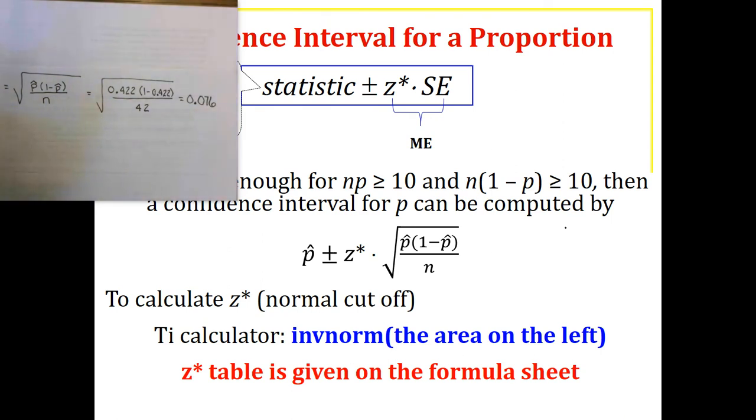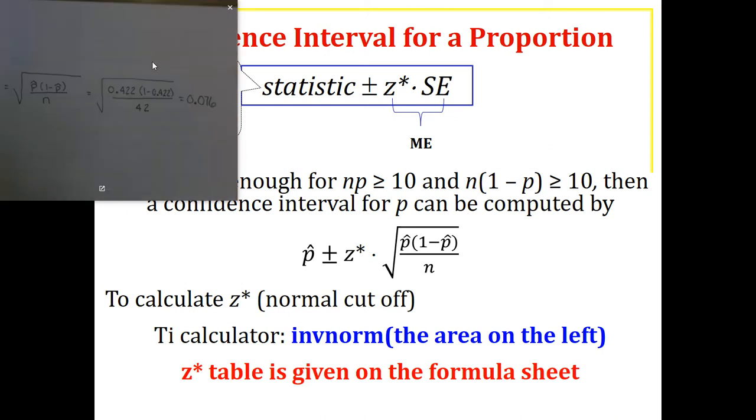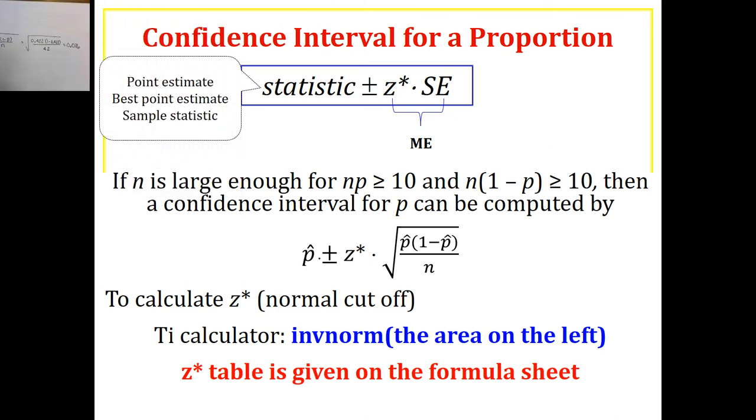And remember, all of this is in reference to us having an n value which is large enough. So we may have to make sure that we check that. Now, it says that if we take this one step further, if we know p hat, that's our statistic right here, and we plus and minus z star, and if we remove the standard error terminology and use the formula that we just used a second ago, we can actually make the confidence interval using this straight formula right here.